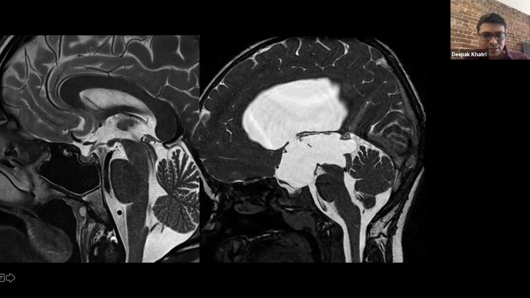So this is a patient with aqueductal stenosis, which in turn leads to the obstructive type of hydrocephalus. It is important to note that the fourth ventricle remains normal in size.